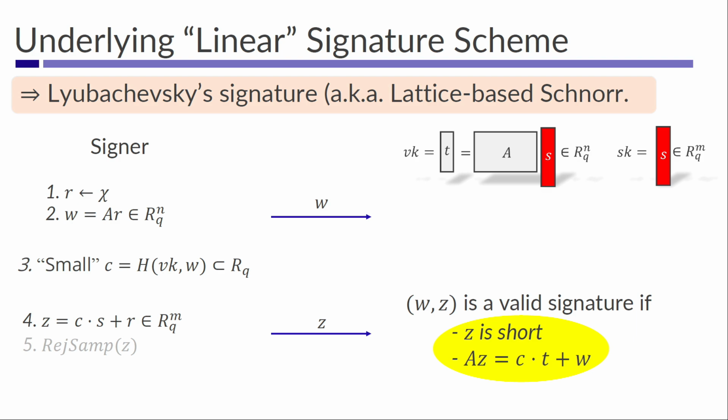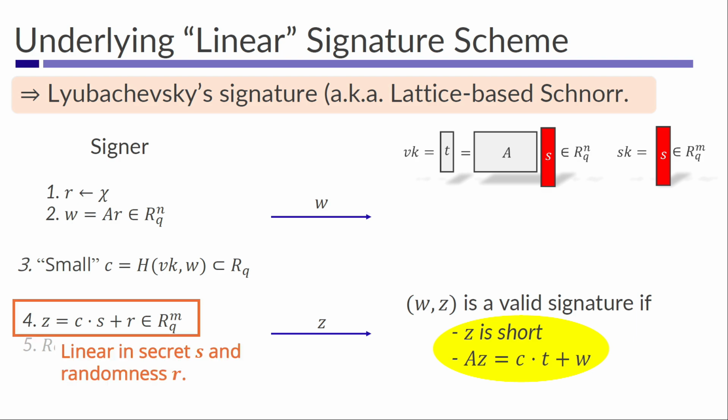Just as in Schnorr, this W and Z will form our signature. The only difference is that this Z has to be short, and this is where some of the yuckiness comes in with lattice-based cryptography. But in general, I think it's very simple to understand what's going on. The main thing is that the reason I call this linear is that Z is linear in the secret S and the randomness R.